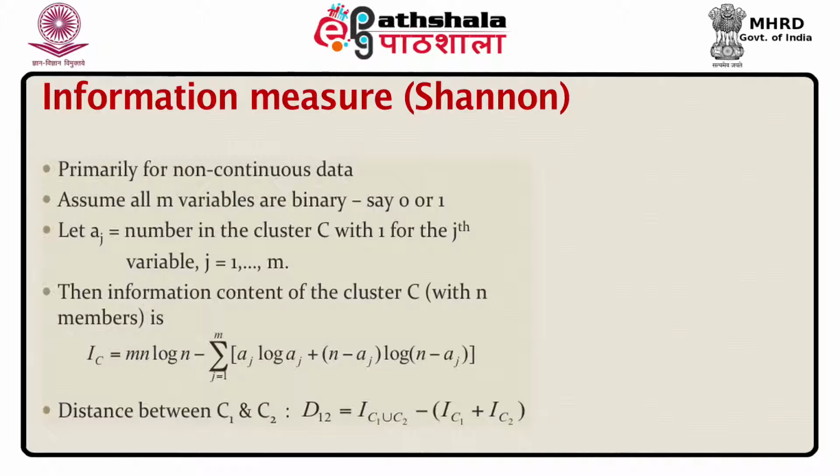We also need to find the information content of the merged cluster C1 union C2. We take the difference of the information contained in the merged cluster and the sum of the information of the two individual clusters C1 and C2. This gives us the distance between the two clusters C1 and C2.